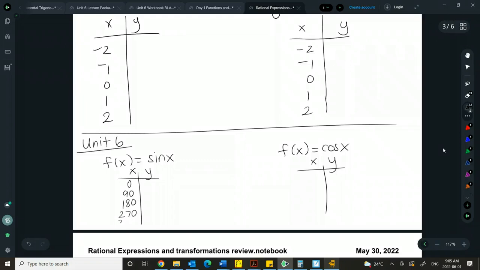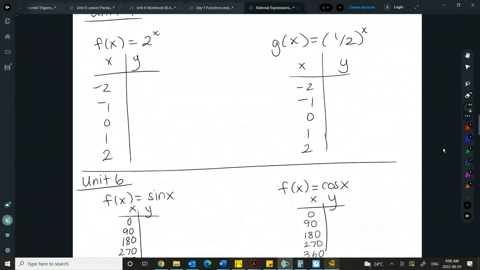Great. And then again, I make sure I'm in degree mode in my calculator, and I enter in sine 0, sine 90, sine 180, and so on. And then same for cosine to generate the y coordinates. Okay? So those are our 7 main parent functions that I went over in the various units.